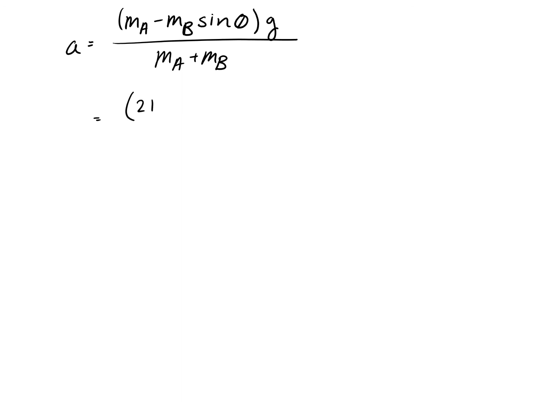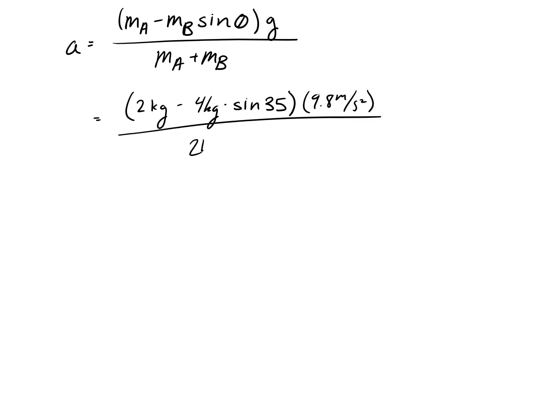Mass A is 2 kilograms minus 4 kilograms times sine 35, multiplied by 9.8 meters per second squared, divided by my 2 kilograms plus 4 kilograms. Plugging this into a calculator, I got negative 0.4807 meters per second squared.